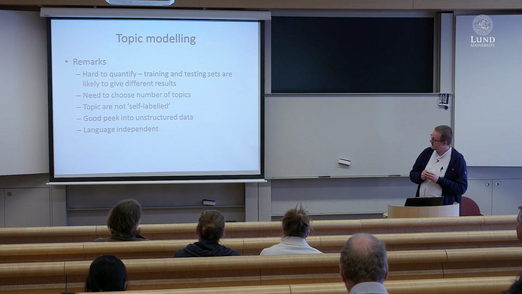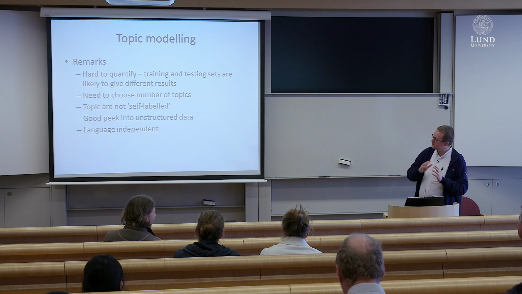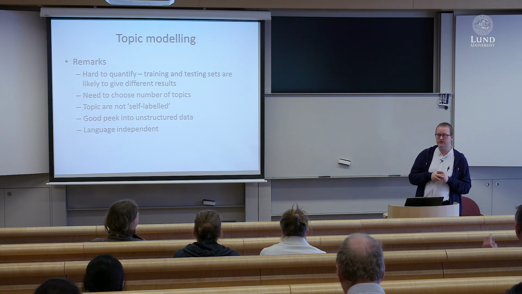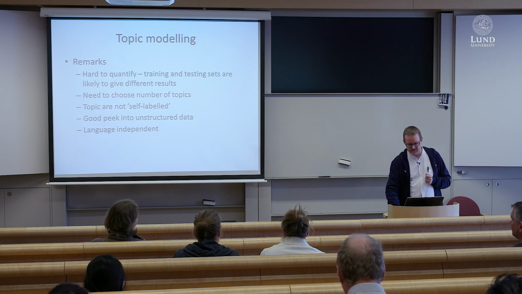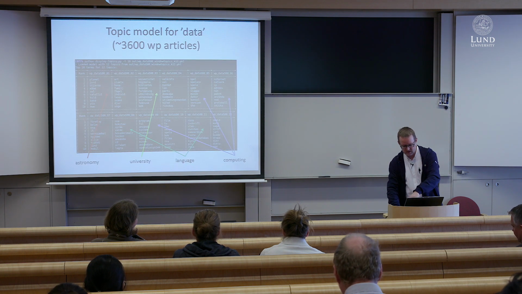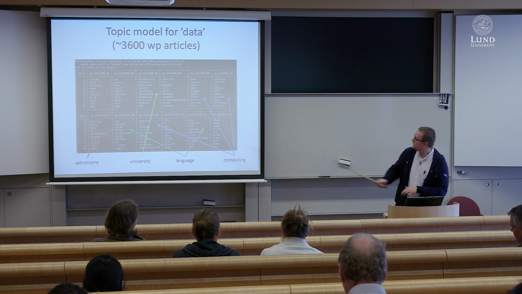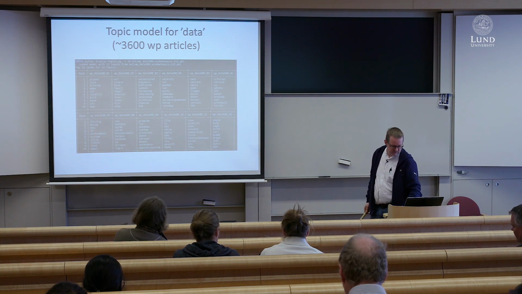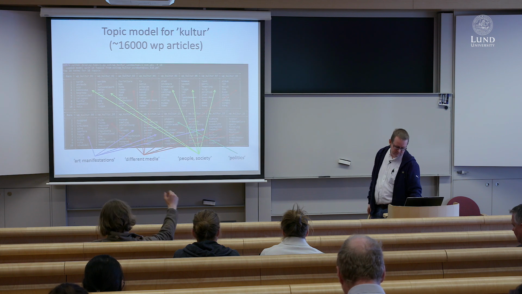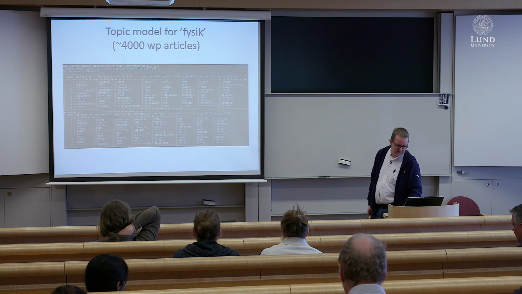Another thing I didn't tell you, I just showed it, is that you need to choose the number of topics. Maybe you saw that there were different numbers. In data there were 12, in the others there were 16. But that's something that you have to tune in some way.